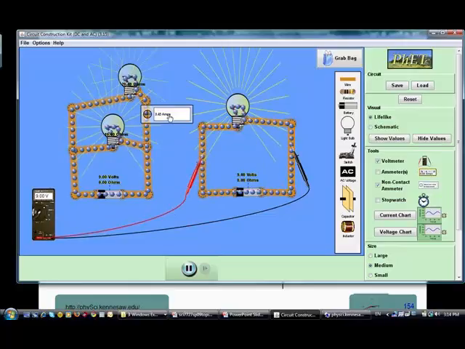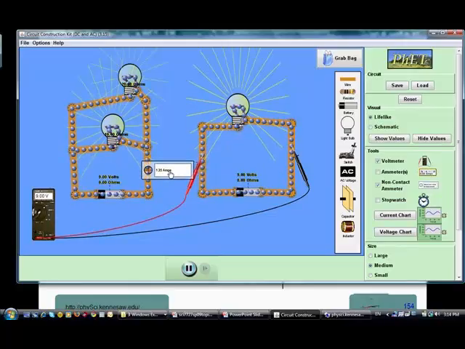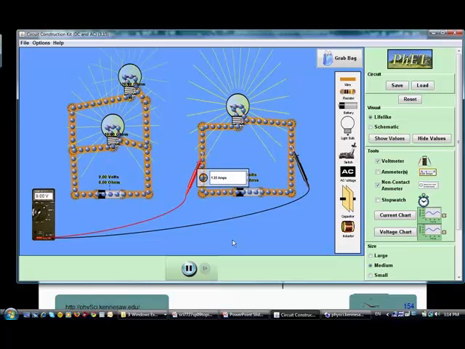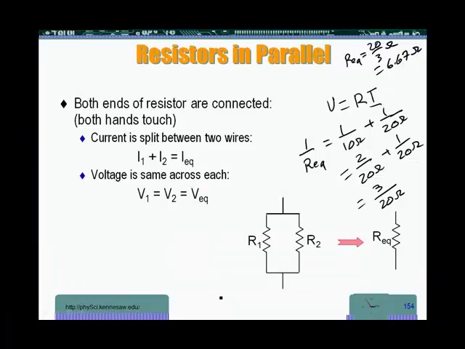The current out of the battery, we want it to be the same as the current out of the battery here, 1.35 amps. Guess what? It's the same thing, 1.35 amps. So the sum of the currents is the equivalent current, but the voltage across each one of them is the same.